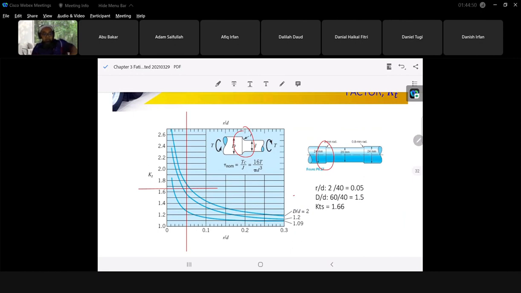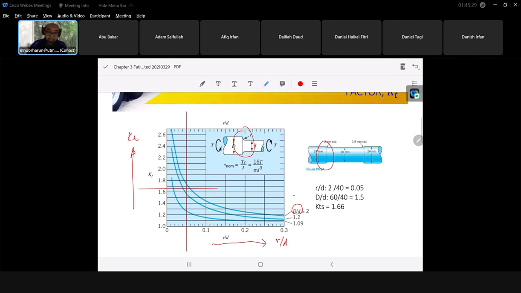How to read it? It has an example here. Y is KT, X is R over D, and the graph is capital D divided by small d. What is capital D and small d?